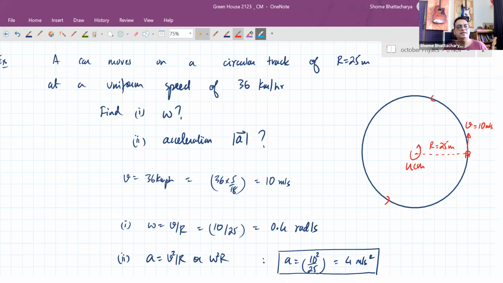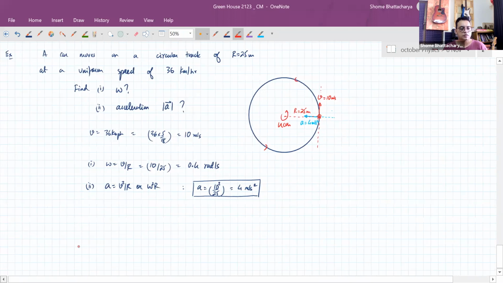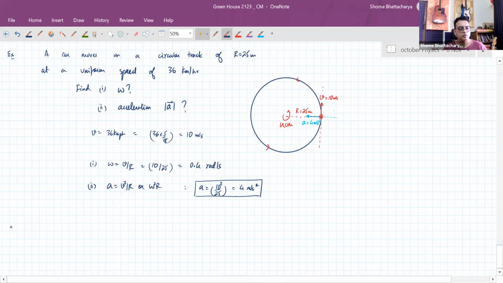At any point of time, it has an acceleration vector pointing towards the center, of magnitude this much. Okay, so fairly simple direct application. Next, we will move on to acceleration vector in a non-uniform circular motion.